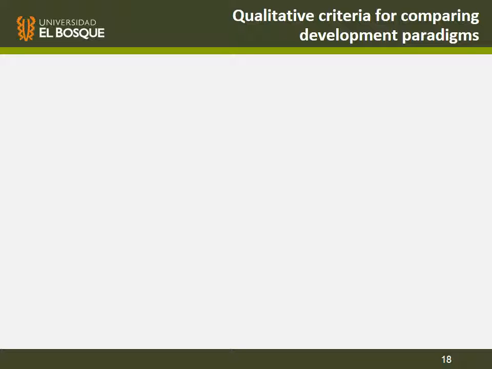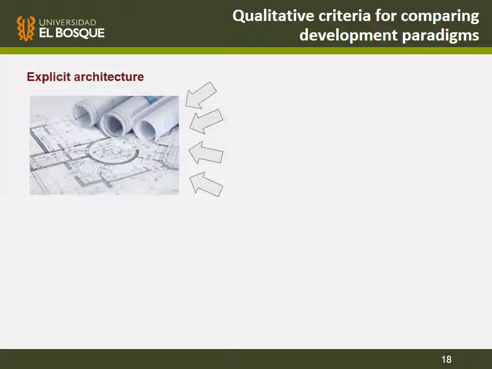Qualitative criteria for comparing development paradigms. There are 8 main qualitative criteria that have a significant impact on the overall quality of the system development. The first one is explicit architecture, which is the capacity of a paradigm to define clear architectural views of an application to provide the means to identify and explain the functions associated with the products.